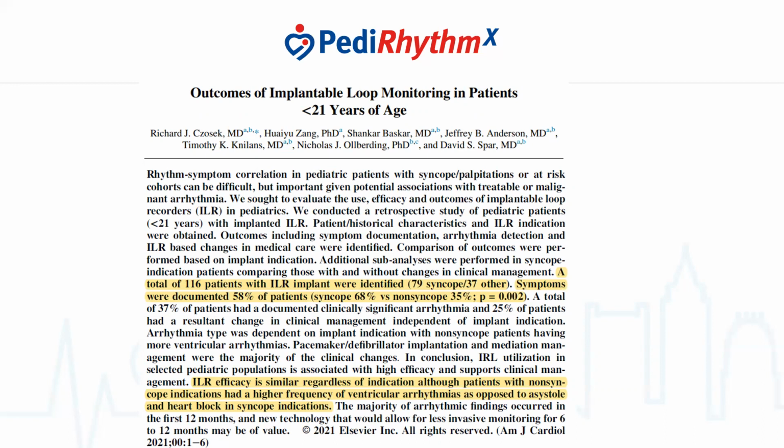They reviewed medical data of 116 children with implantable loop recorder implantation. 79 patients had syncope as the indication, and in 68% of them a recurrence of syncope could be documented. ILR efficacy was similar regardless of the indication, although patients with non-syncope indications had a higher frequency of ventricular arrhythmias, as opposed to asystole and heart block in syncope indications.